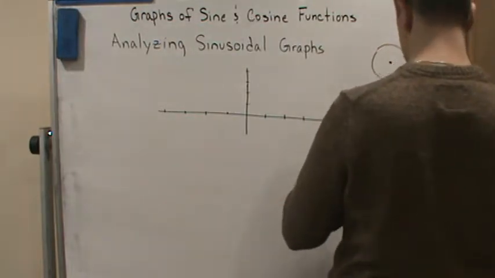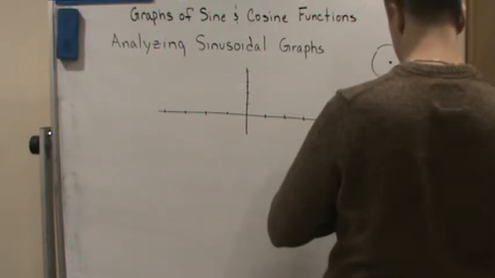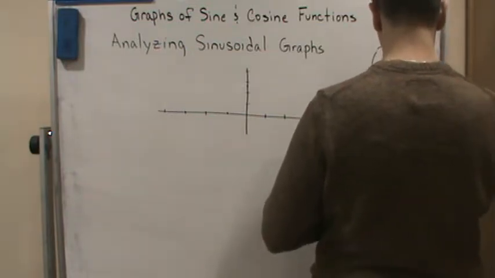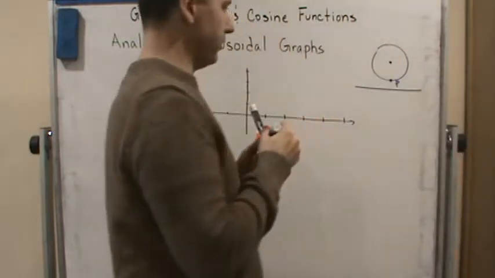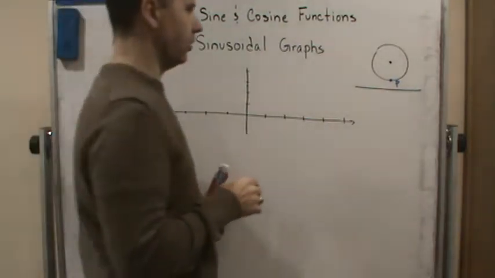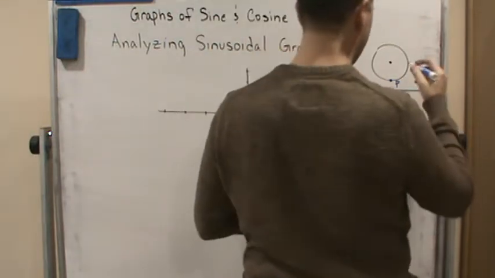Again, I'm not worried about my sketch here. Okay, so there's point P. And so we've got a circle, and this is 3 feet, so the radius is 3 feet.